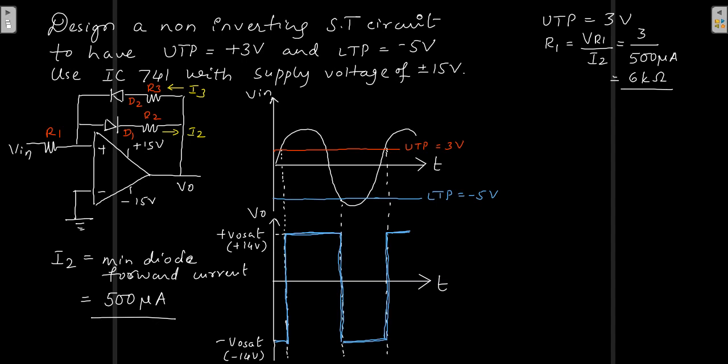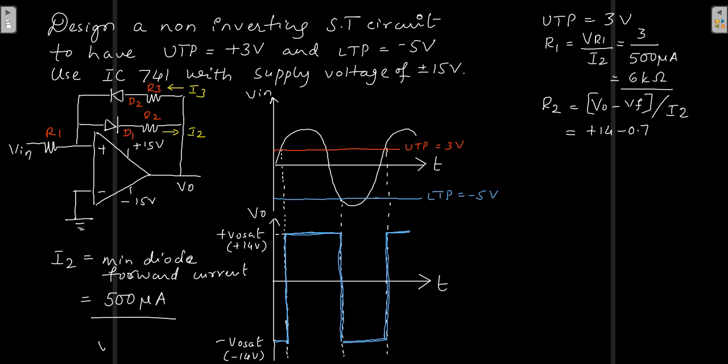And obviously your R2 is equal to, we have already written that, V0 minus Vf divided by I2. So V0 is plus 14 minus 0.7.